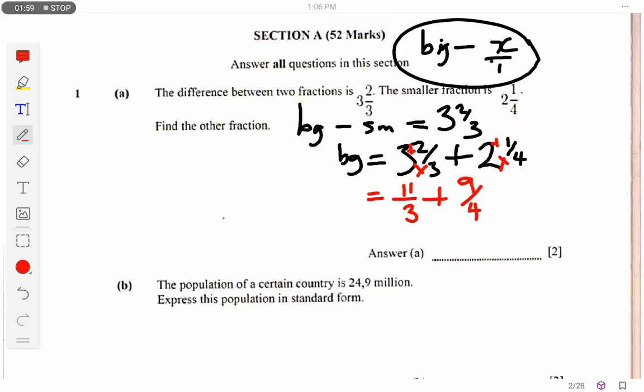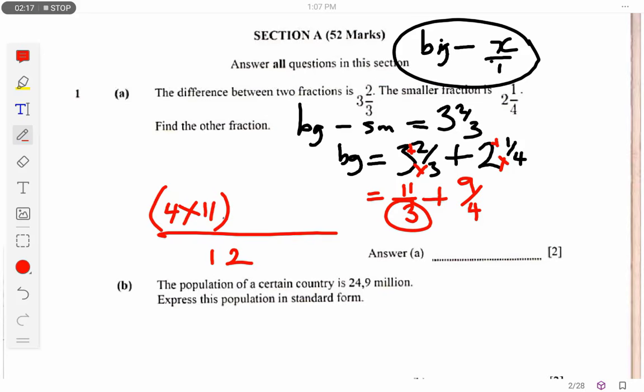We must now have a common denominator, a number that 3 and 4 can get into. That will be 12, so it's all going to be over 12. 3 into 12 is 4, so it's 4 times 11. Then plus 9: 4 into 12 is 3, so it's 9 times 3.